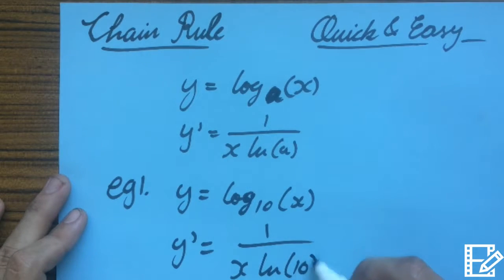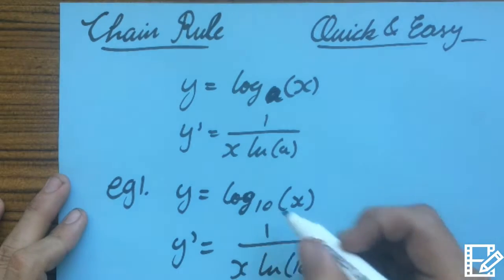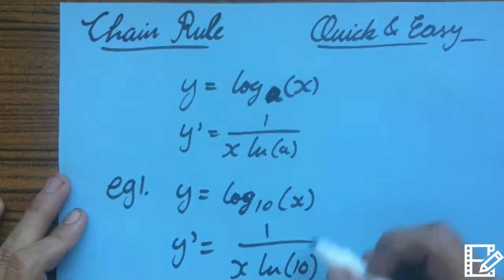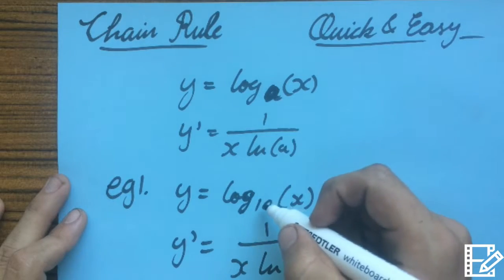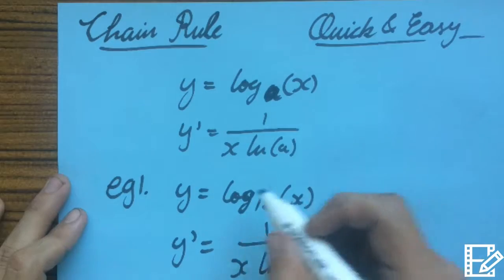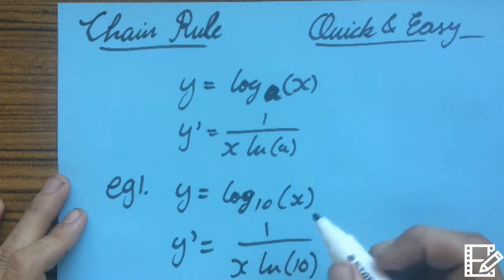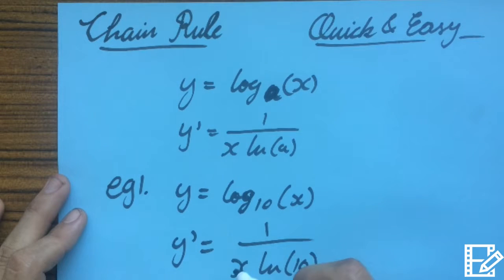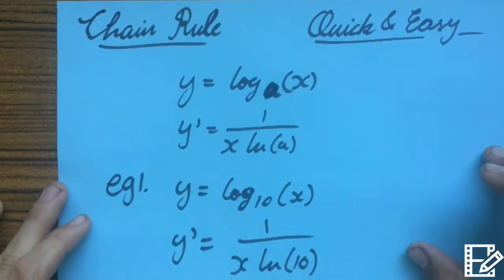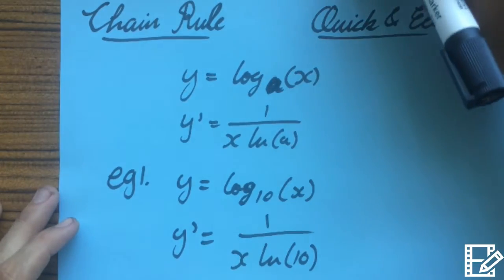Hopefully, if you don't understand, you understand now. The base just becomes where the a is. You have log to the base of 10, x. When you derive that, you have 1 over x multiplied by natural log of the base. As simple as that. It might be making it sound more confusing than it is.